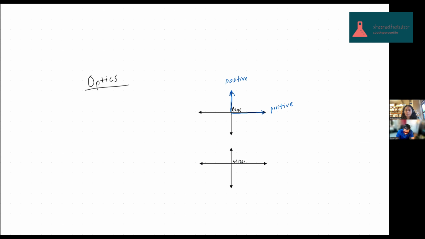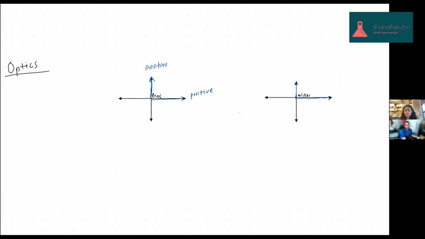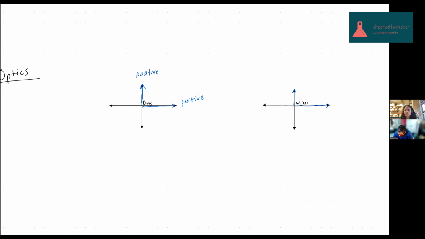I'll just use one. Or actually, you know what? I'll leave it like this because I'll draw some pictures. But same thing, positive. This is too close, so it looks like it's the bottom. So I'll move that. I'll put it to the side maybe. So yeah, positive.